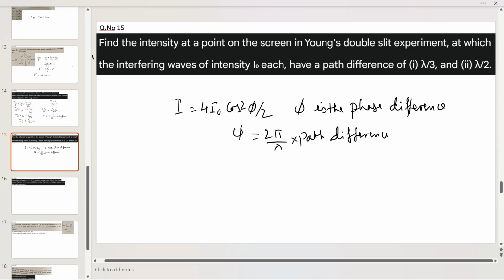At first the path difference was lambda by 3, so 2 pi by lambda into lambda by 3 will be equal to 2 pi by 3.